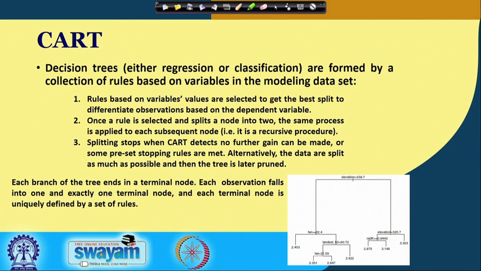Once a rule is selected and splits a node into two, the same process is applied to each subsequent node. The splitting stops when CART detects that no further gain can be made or some preset stopping rules are met. Alternatively, the data are split as much as possible and then the tree is later pruned.